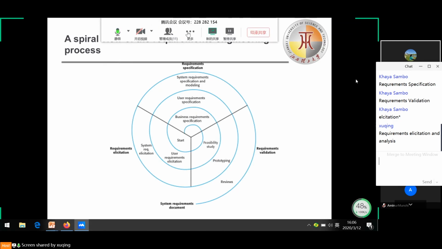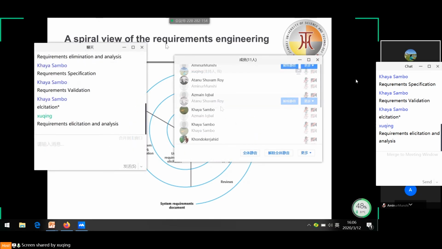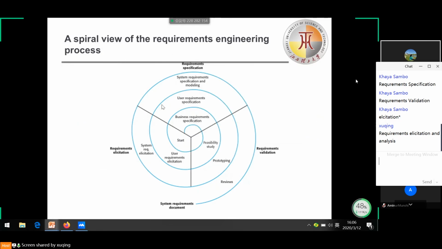In this class, we'll also talk about the requirements engineering process. What is shown here is the spiral view of the requirements engineering process, and we see that the activities are also interleaved.